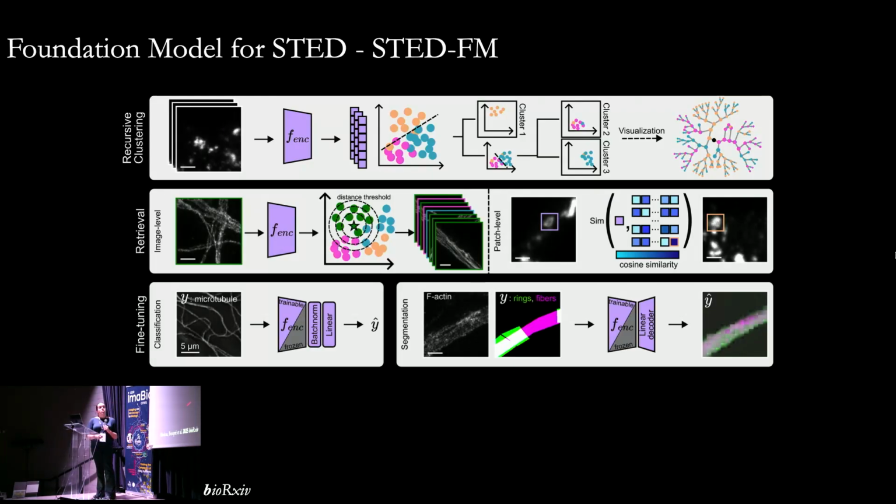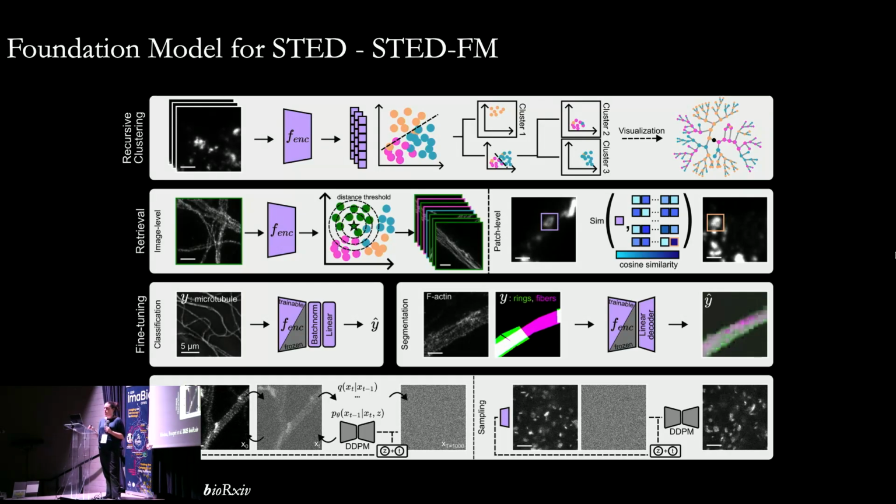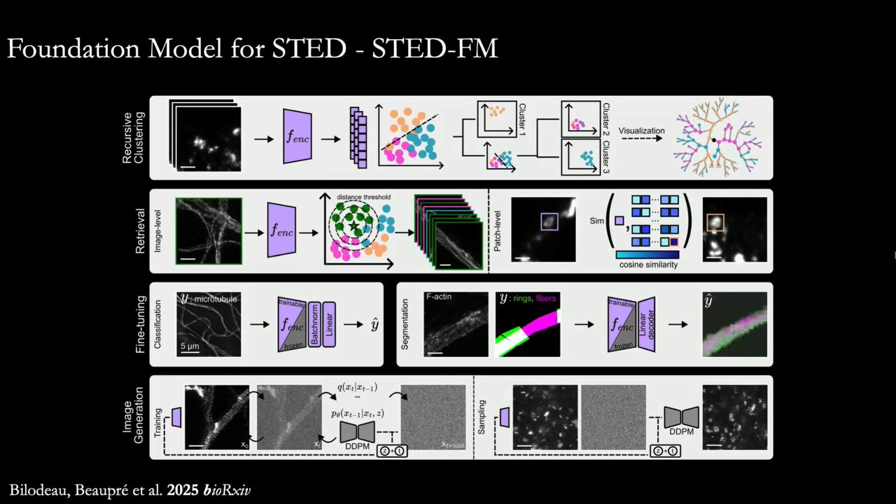We could work also on classification and on segmentation. And it was performing better than the other models we had trained before, because our model now has learned from so many STED images that it generalizes much better to many different images. And we can use this also for image generation, and that's what I will present in the last 5 minutes.